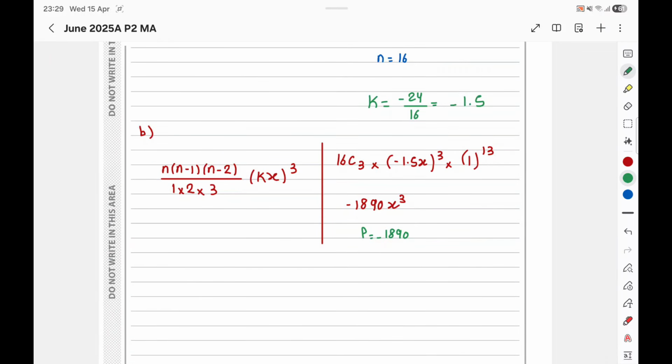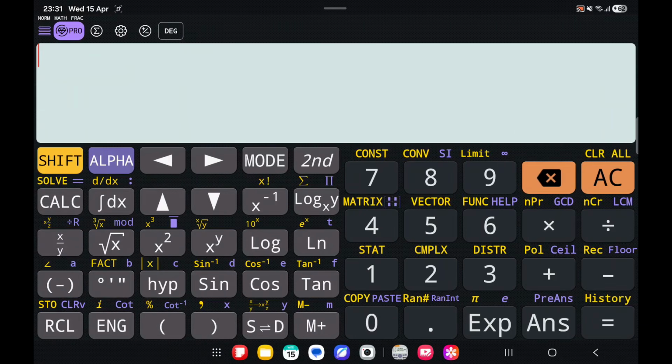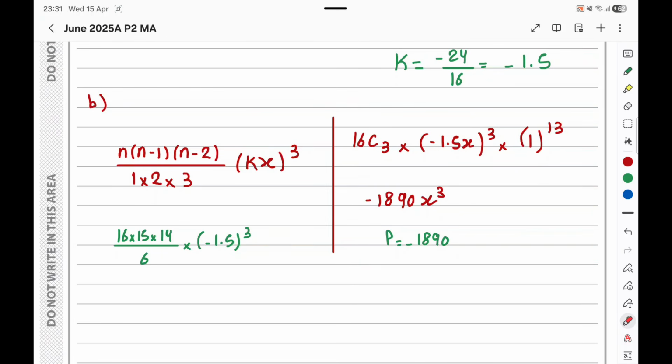Let me show you too. n, which is 16, n minus 1, which is 15, n minus 2, 14, over 1 times 2 times 3, which is 6, and kx cubed, where k is negative 1.5, so negative 1.5 to the power of 3. 16 times 15 times 14 over 6 times negative 1.5 to the power of 3 is also negative 1,890.